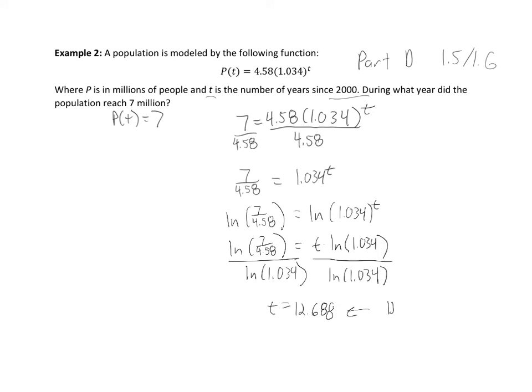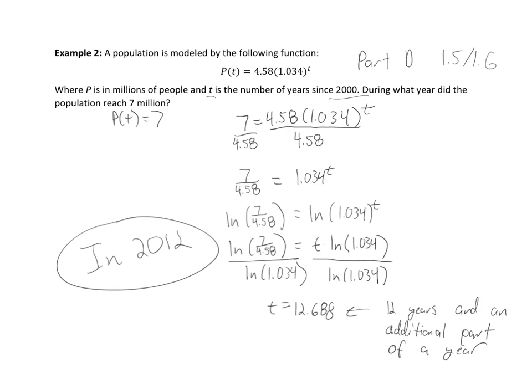So this is 12 years and an additional part of a year. So what year are we actually in? We're in 2012, and then we're in some portion of that year. So the answer here would be that we are in 2012 when the population reaches 7 million.